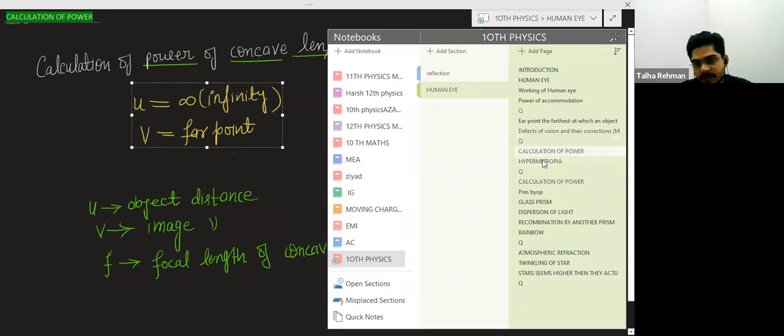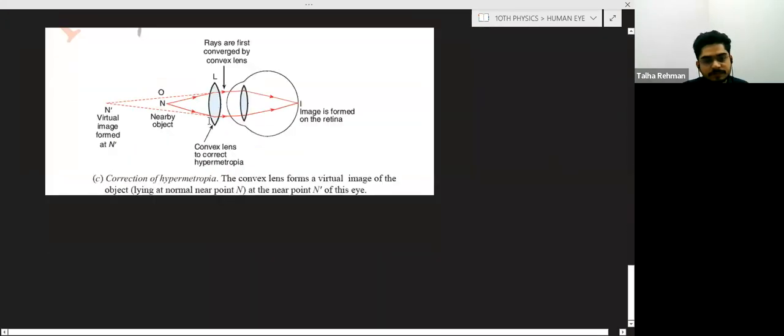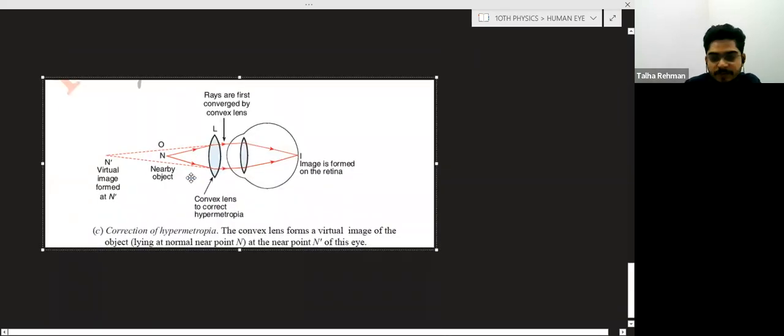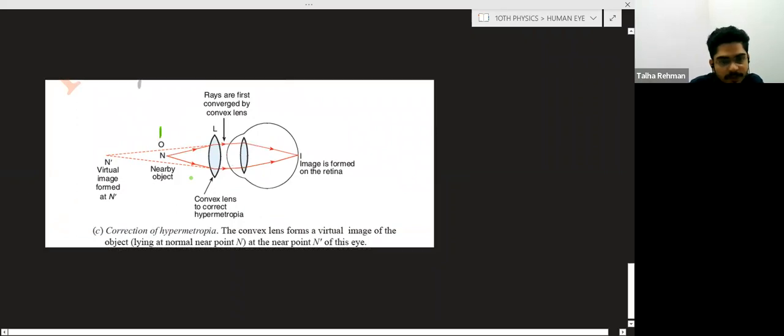Now first see for hypermetropia, what we will take as the object distance and what we will take as the image distance. Now you can see here, this is the object the eye wants to see.